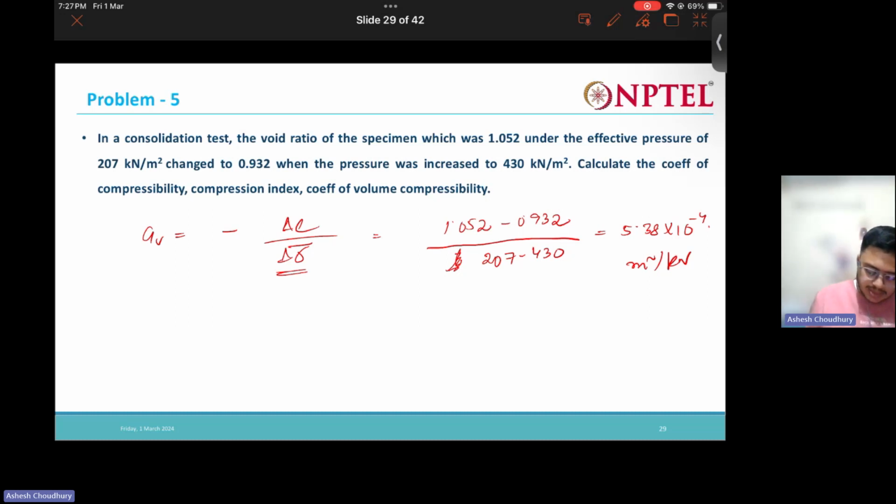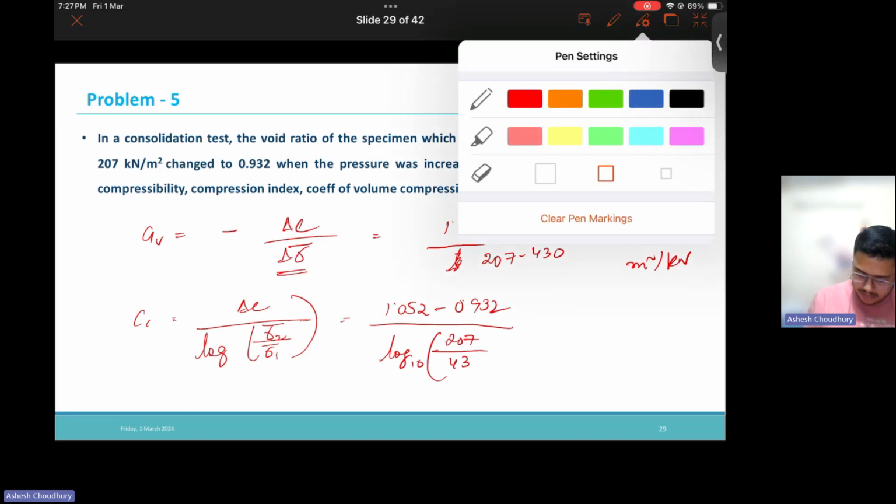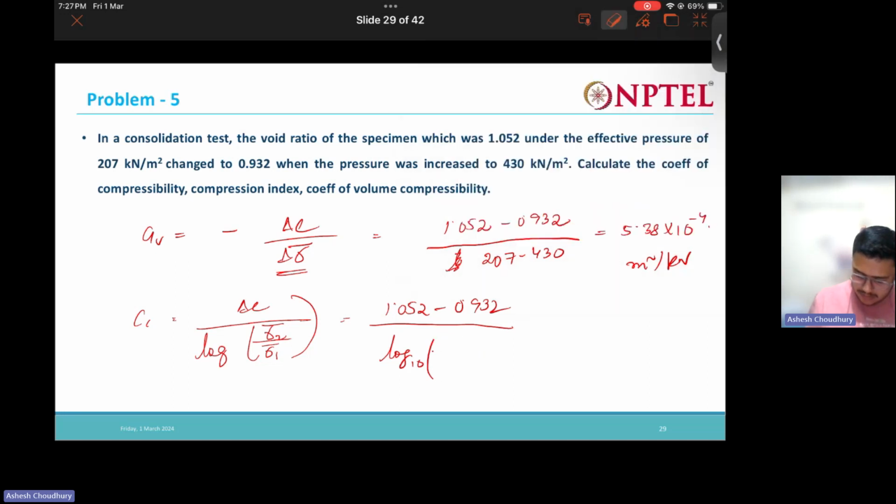Now what is compression index? C_c. Does this have any unit?